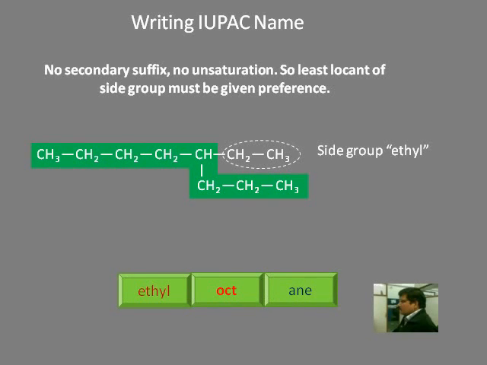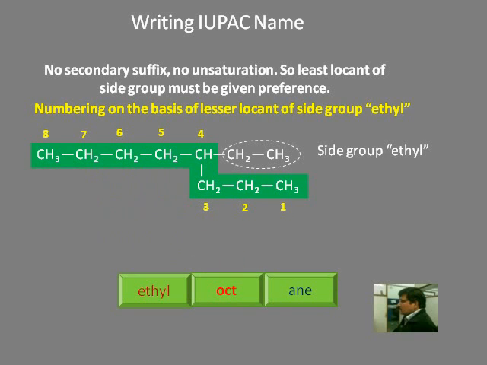Numbering can be done from the right side: 1, 2, 3, 4, 5, 6, 7, 8. Numbering on the basis of lesser locant of side group ethyl, which is 4 from the right side. If we number the chain from the left side, the position of ethyl will be 5. The name of the compound will become 4-ethyloctane because 4 is the position of ethyl.